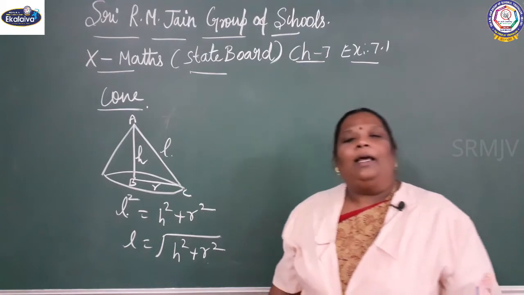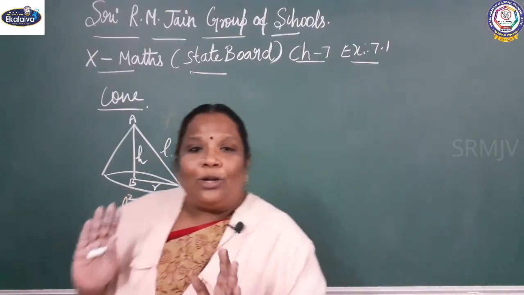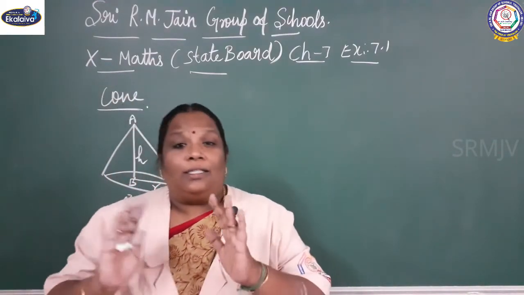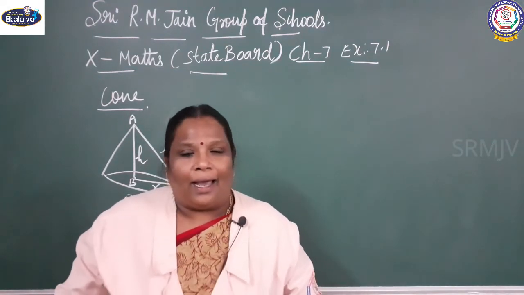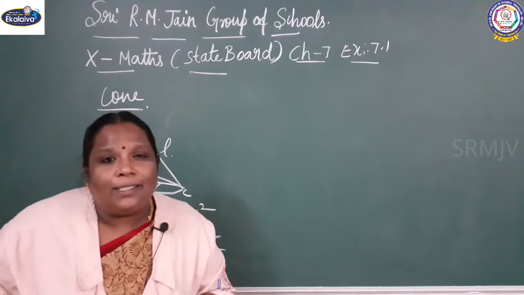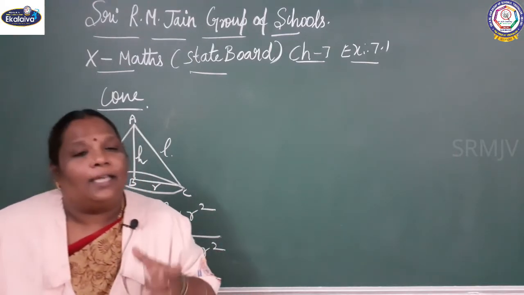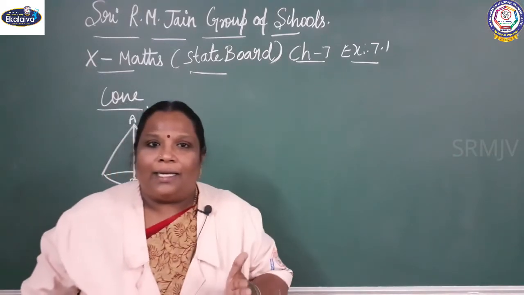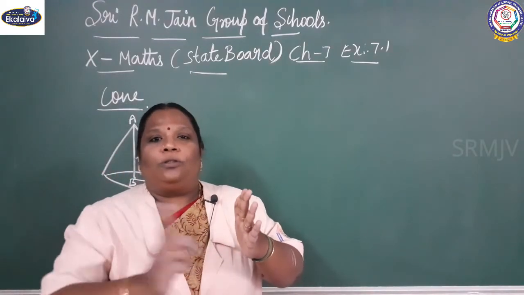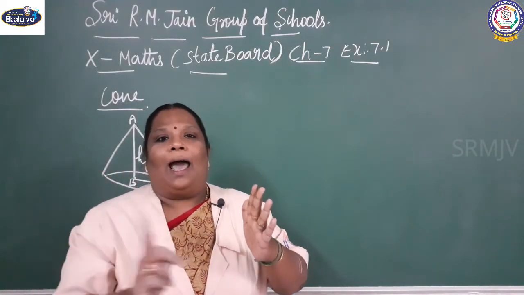Is it clear? A right circular cone is a solid generated by revolving a right angle triangle, with one of the sides containing the right angle as its axis. Depending on the right angle side, the cone revolves along the axis.